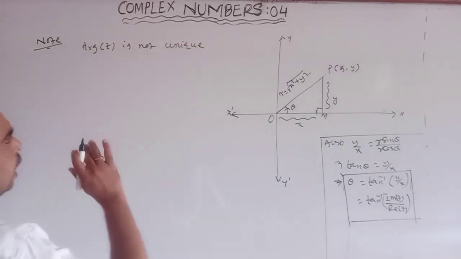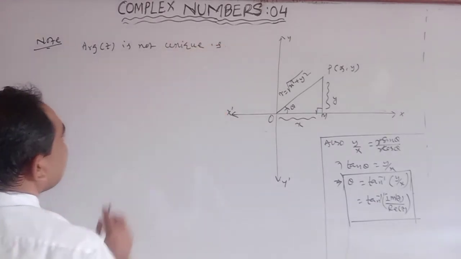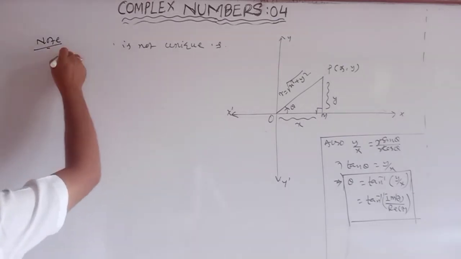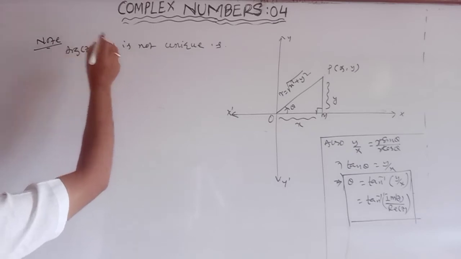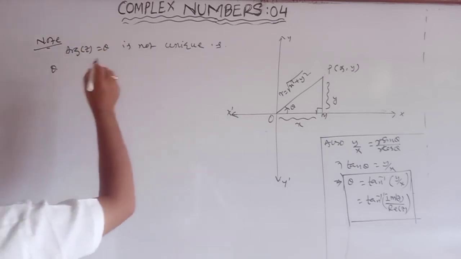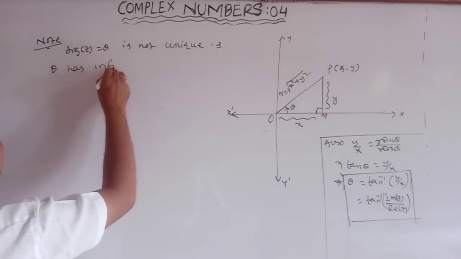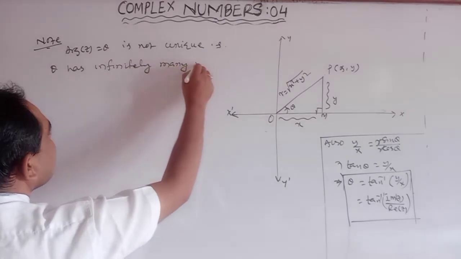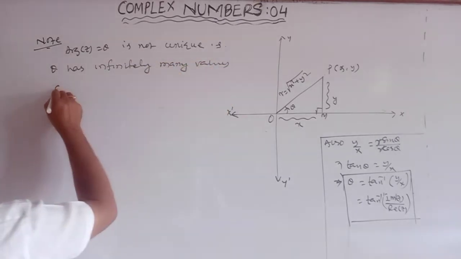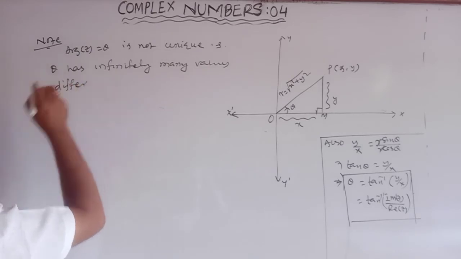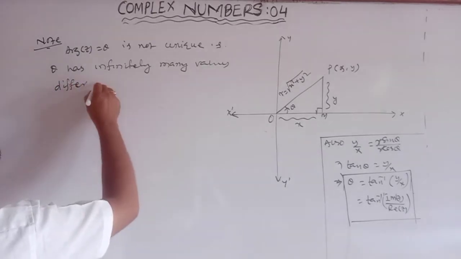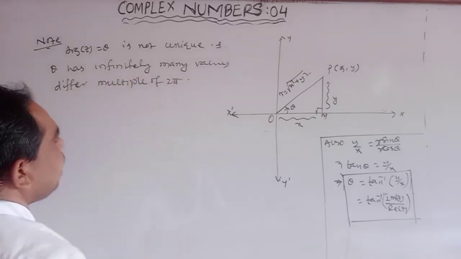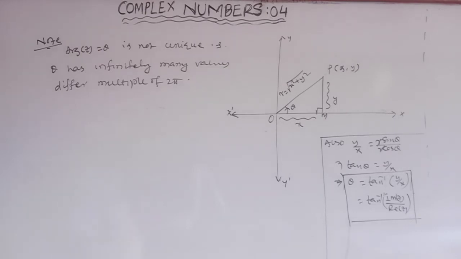Argument of z means theta, that is theta has infinitely many values, differ by multiple of 2 pi.